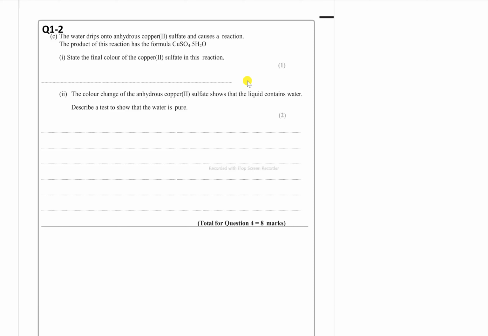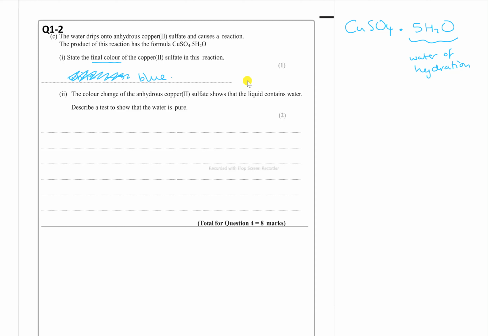Right, water drips onto anhydrous copper 2 sulfate and causes a reaction. The product of this reaction has the formula copper sulfate dot 5H2O. This bit is called water of hydration. There you go. Right, state the final color. Copper 2 sulfate. Remember, it goes from white to blue. Okay, so we don't want to put that in to cause confusion.